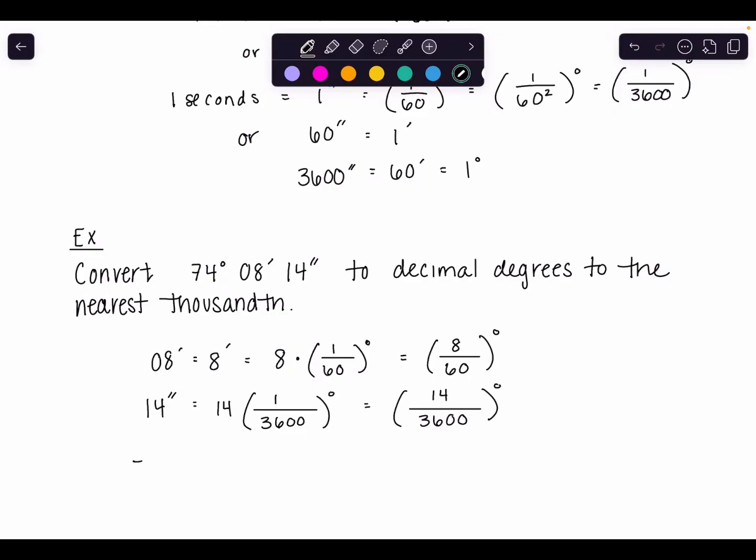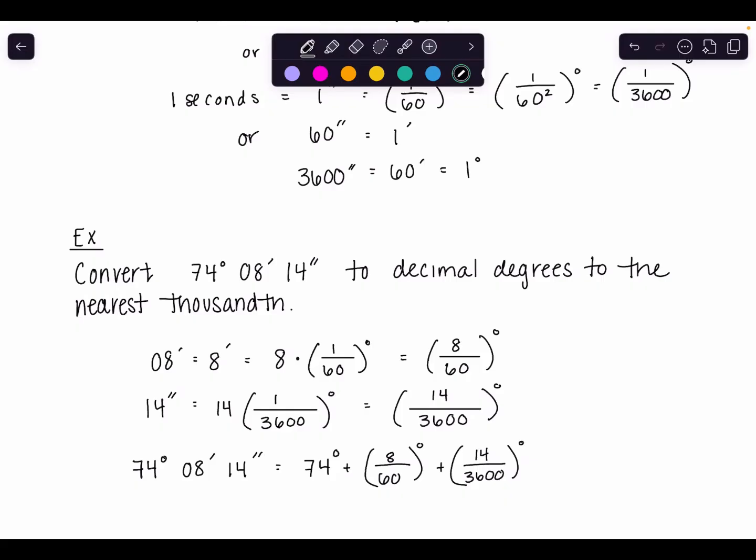So if I'm looking at 74 degrees, 8 minutes, and 14 seconds, all I'm going to do is take 74 and I'm going to add these fractions, 8 over 60 plus 14 over 3,600. And these are all in degrees now.